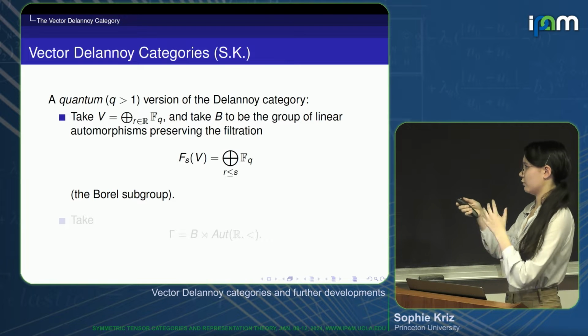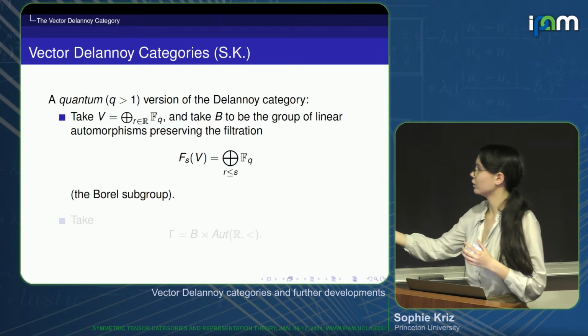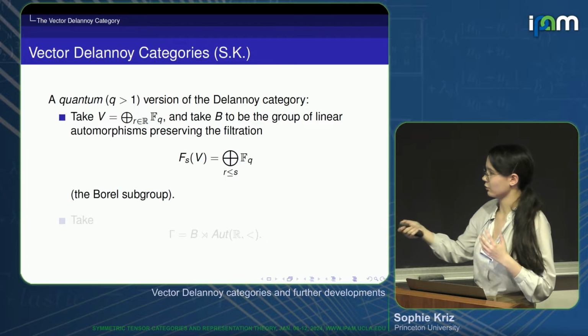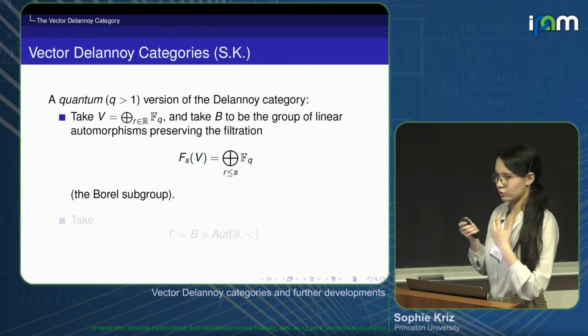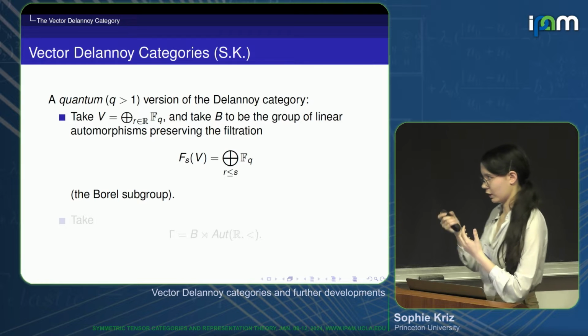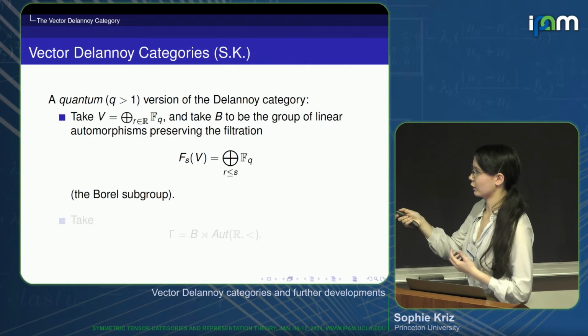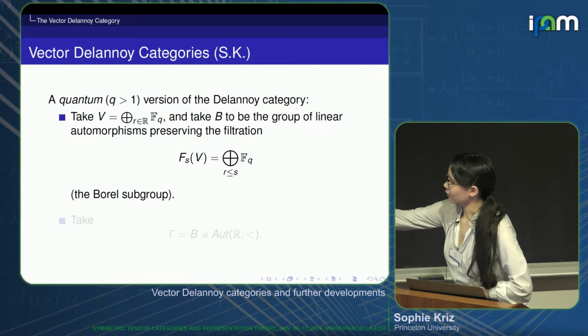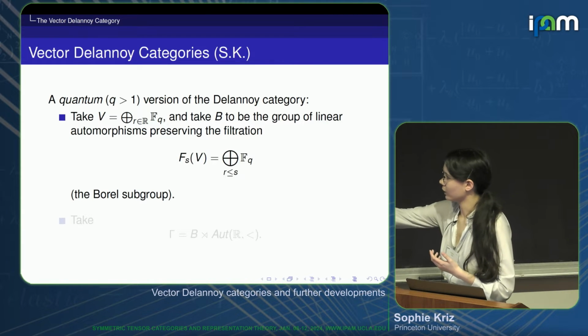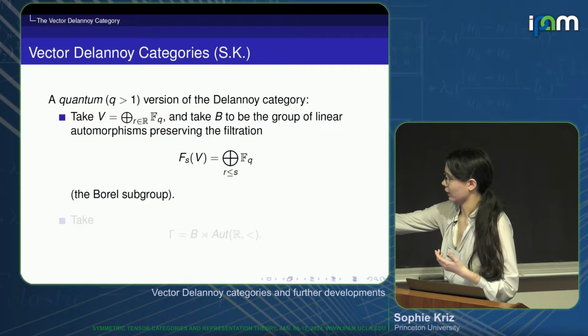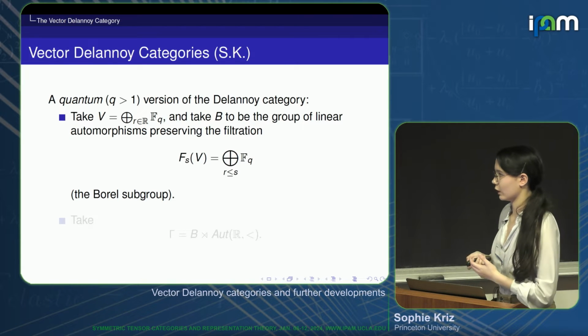So let me consider V to be this R-graded direct sum of copies of F_q for some prime power q. And let me take B to be the subgroup of GL(V) consisting of automorphisms which preserve the R-graded filtration F_s of V, where I just take the direct sum of copies of F_q corresponding to real numbers less than or equal to s.